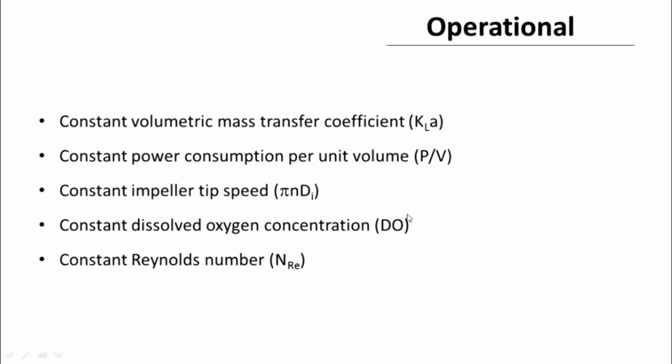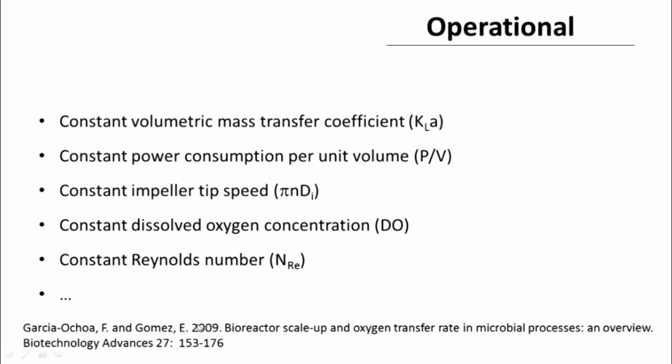Okay. The industry, and in fact quite a few are looked at, these are the common ones. This paper by Garcia-Ochoa and Gomez in 2009, published in Biotechnology Advances, is titled Bioreactor Scale-up and Oxygen Transfer Rate in Microbial Processes: An Overview.